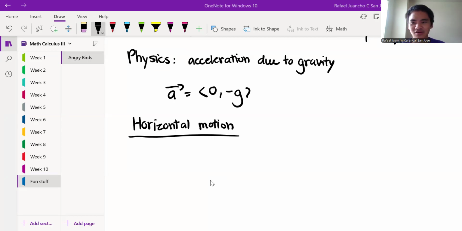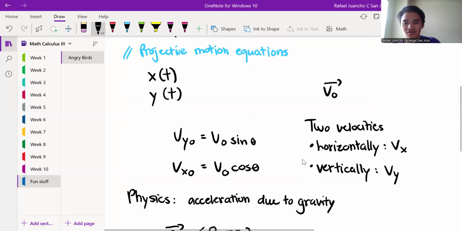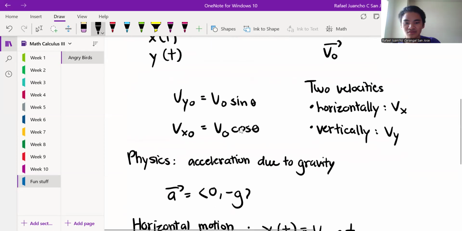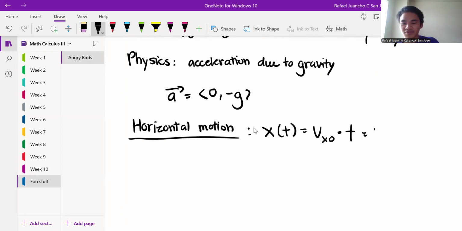Our velocity is constant in the game, and so our position x of t is this initial velocity times some time, right? And from earlier, we said Vx naught is equal to V naught cosine theta. So it's just V naught cosine theta t.